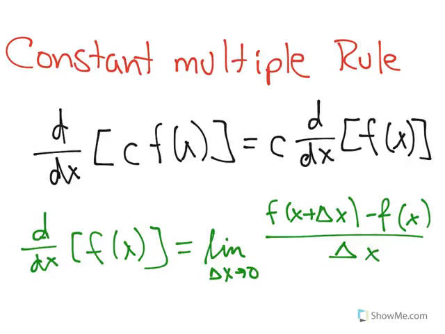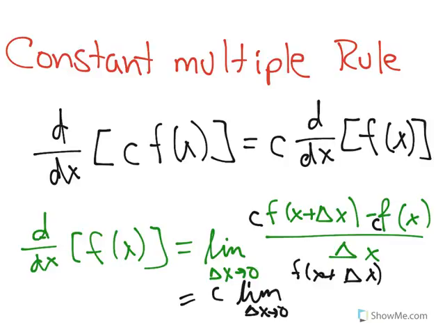And so you can see that if you're multiplying f of x plus delta x times c and f of x times c, well, you could just take the c out, right? And so this is just equal to c times the limit as delta x approaches 0 of f of x plus delta x minus f of x over delta x, which is exactly the rule that we have here.